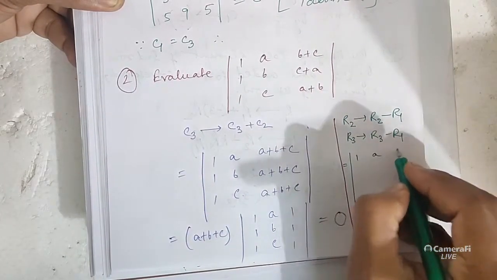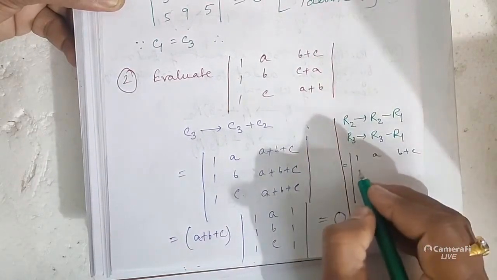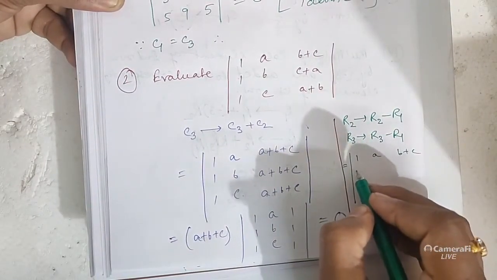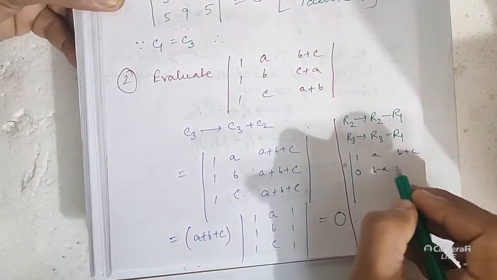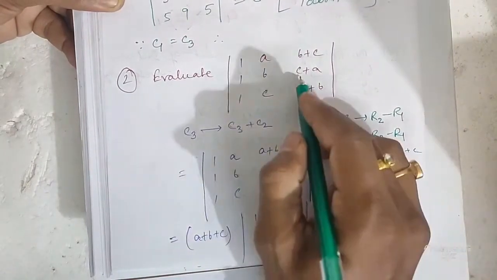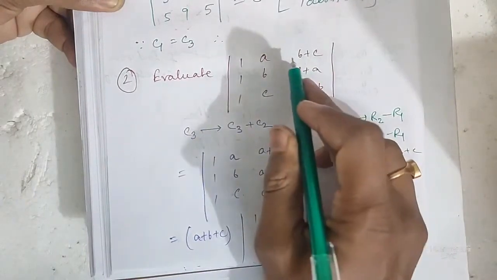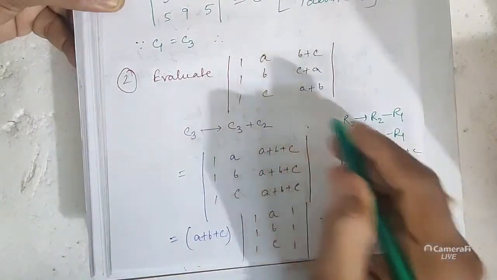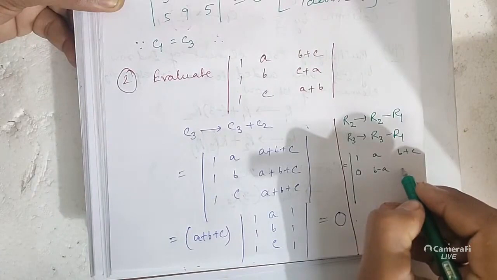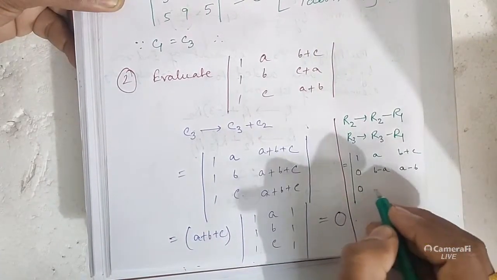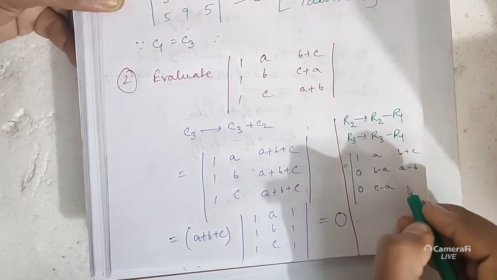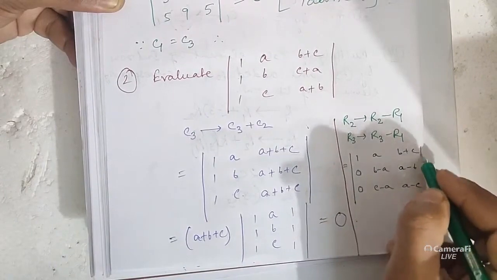R1 is same. R2 minus R1: 1 minus 1 is 0, this will become B minus A, and this will become C plus A minus B minus C, so C cancels, A minus B. Here also 1 minus 1 is 0, C minus A, and A plus B minus C, so A minus C. This will come.